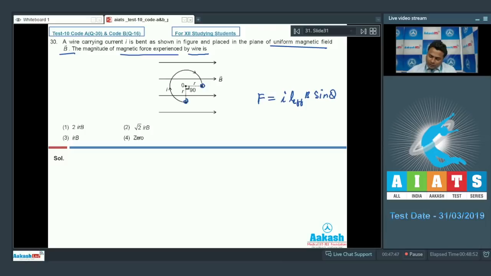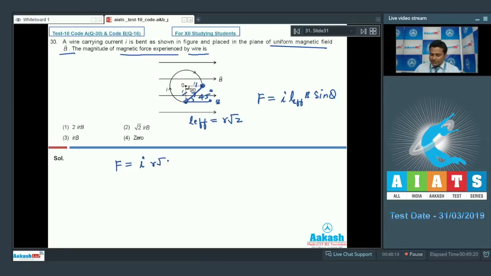Here L effective will be this much. This is our L effective. This is the magnetic field. The angle is 45 degree. So we can directly write now F equals current I, as given. L effective will be this length. Here it is R, here it is R. So L effective we can directly write using Pythagoras theorem, that is R under root 2.